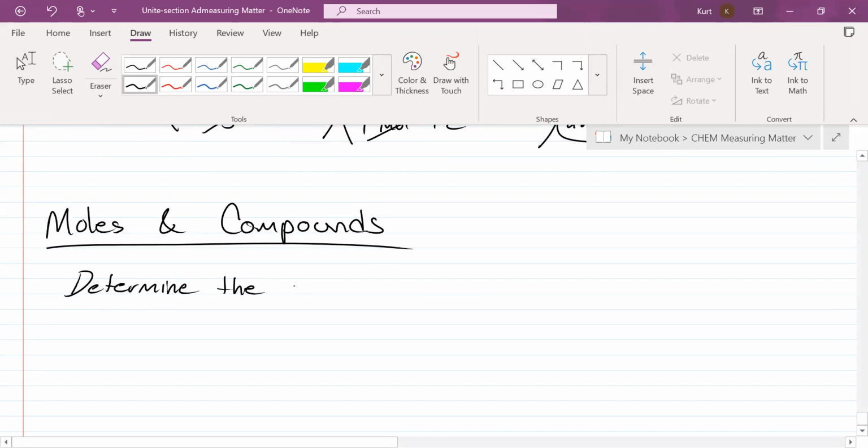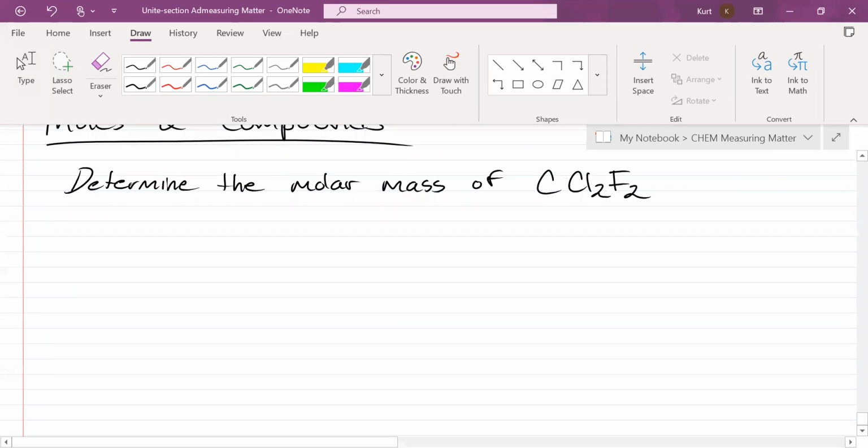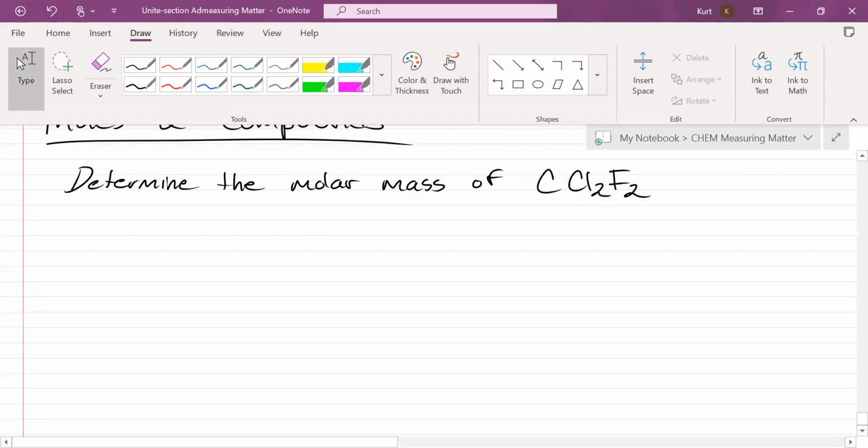Determine the molar mass of CCl2F2. Oh boy. How in the heck do we do this? Well, let's break it down.